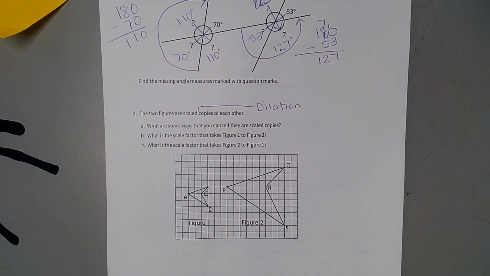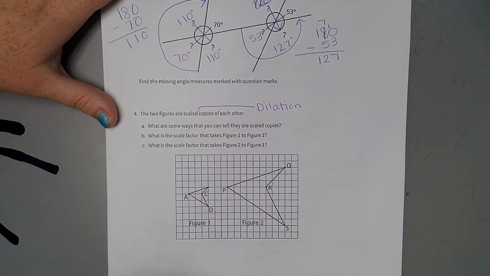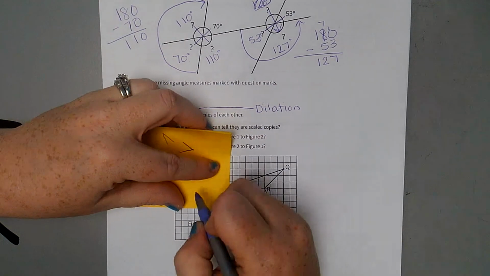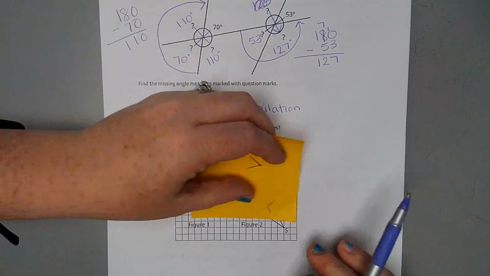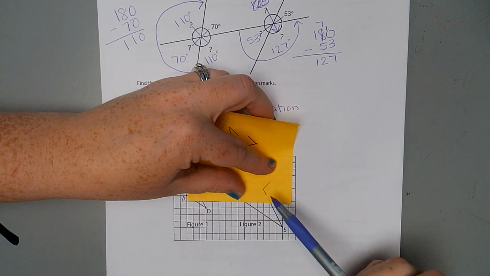What are some ways you can tell they are scaled copies? Their angle measures are the same. Right now you don't have a protractor or anything to measure. It's kind of hard to measure it on here, but I can measure this angle, and if I put it right over the scaled copy, it maps to it.